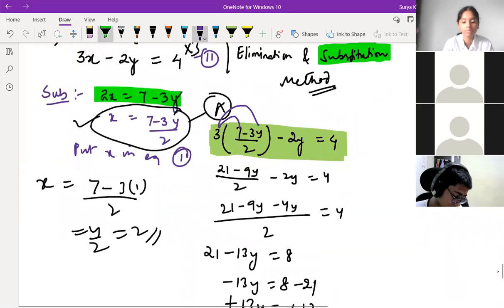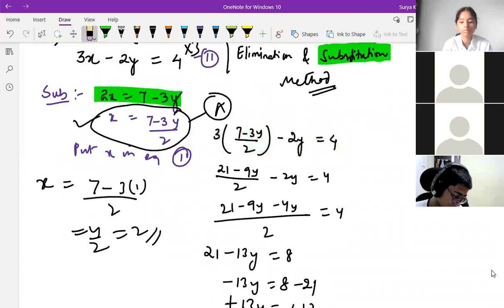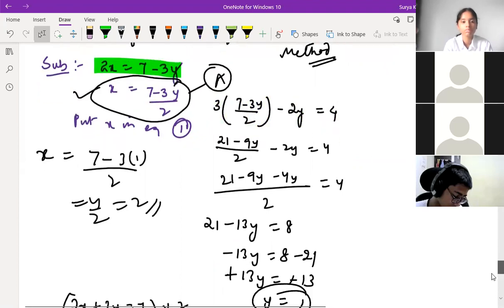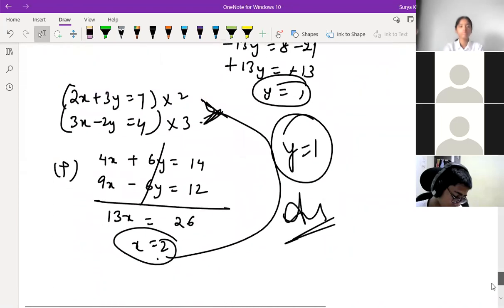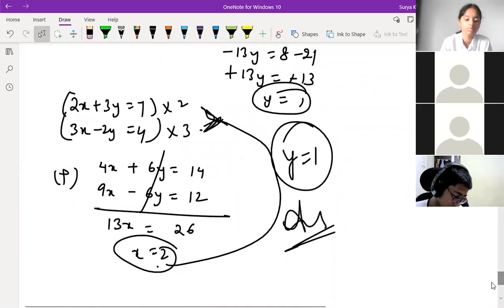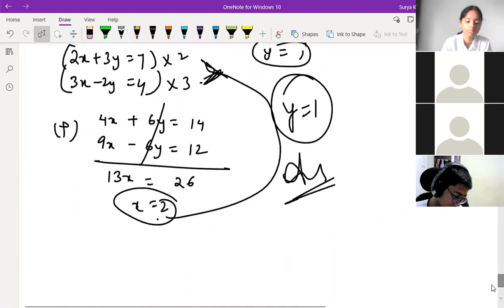Sir, I'm having a doubt in the elimination method, sir. Still you are having doubt. Yes, sir. I multiplied the first equation by 3 and second by 2. Wait, I'll solve that also here.